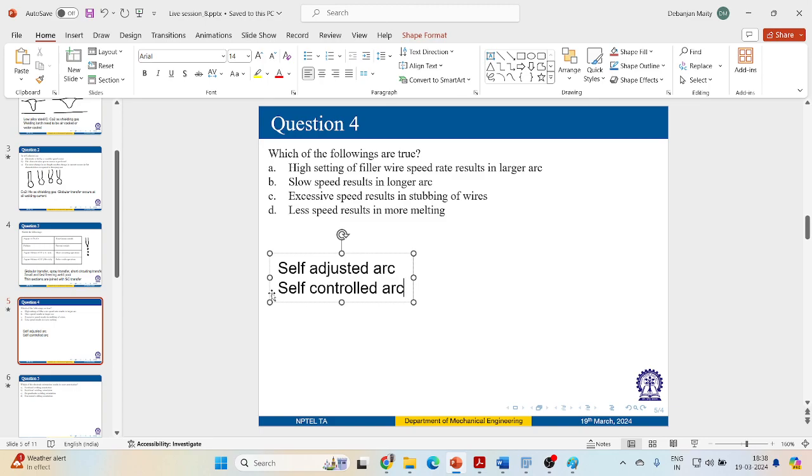Now in a self-adjusted arc, how do you control the arc length? How do I control my arc length? By using this wire feed mechanism. In a self-adjusted arc, my electrode is fed from a coil which is run by some roller at a constant speed motor.